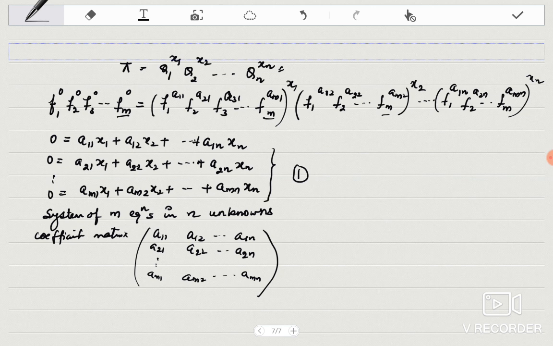This is the coefficient matrix. Now let R be the rank of this matrix.